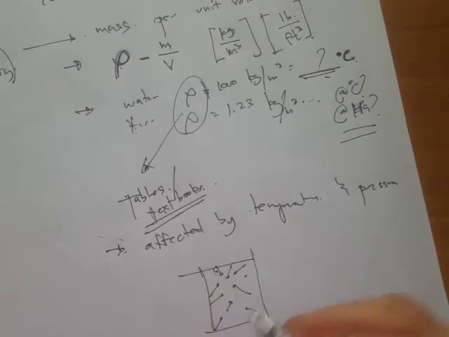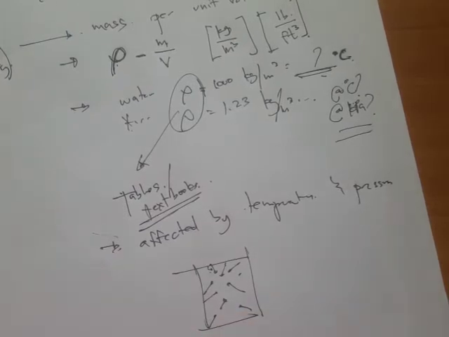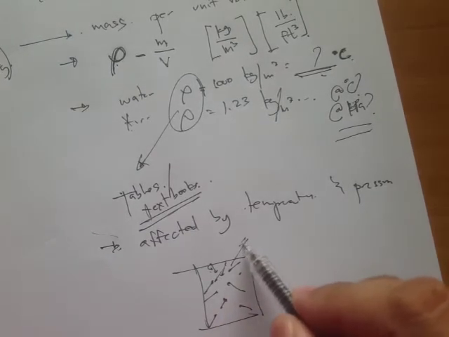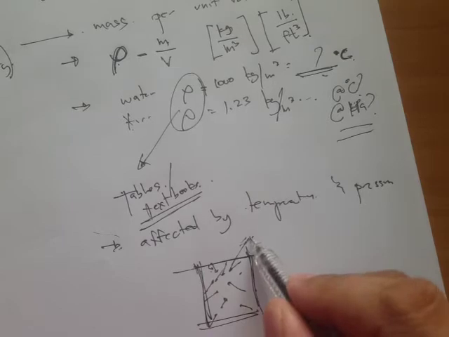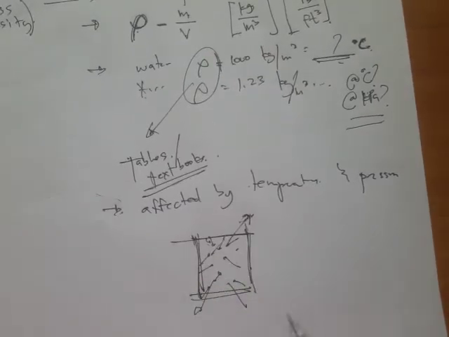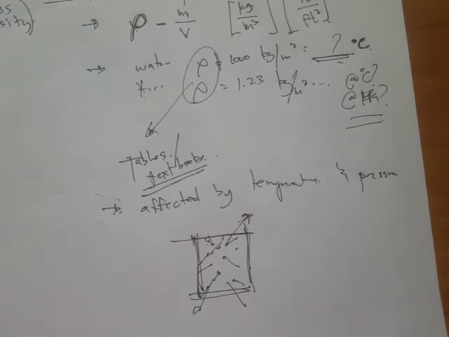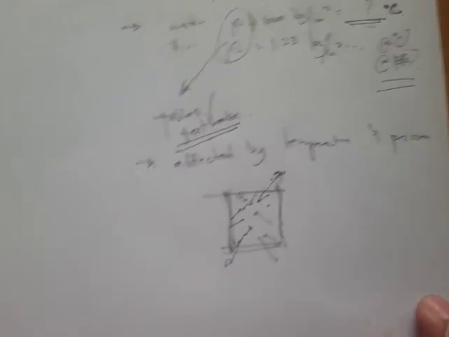But if you heat it up, these gas molecules will be in random motion, and sometimes they exit this window or this differential volume. So at a high temperature, you have a lower amount of gas molecules here, meaning that you have lower density. That's the point: density is affected by temperature and pressure.